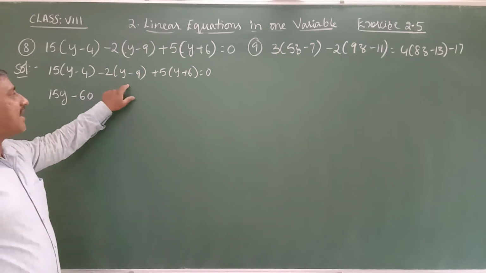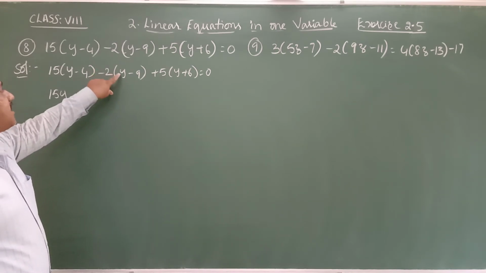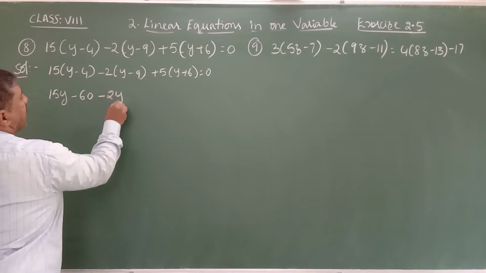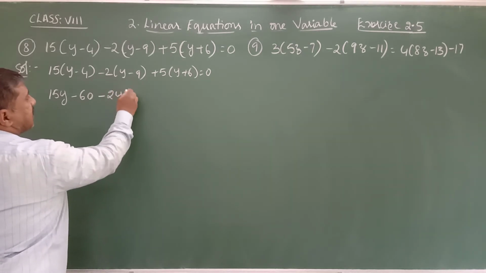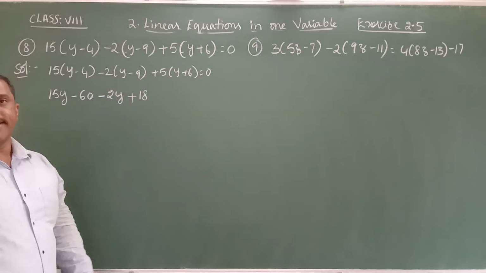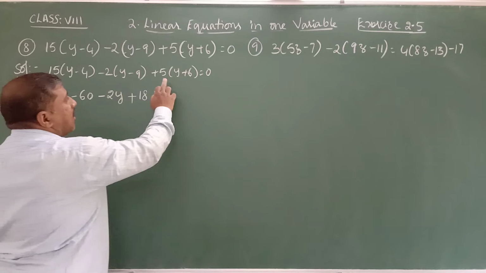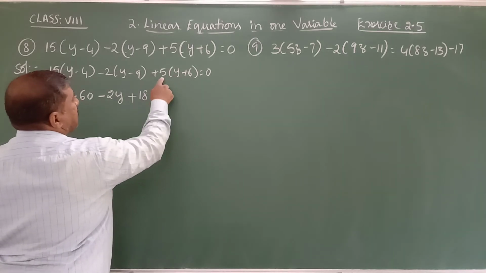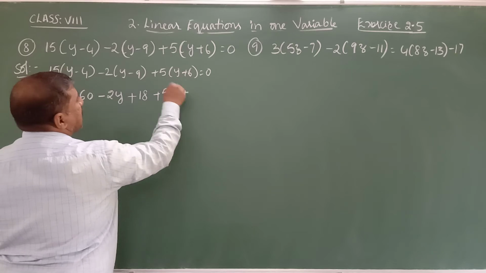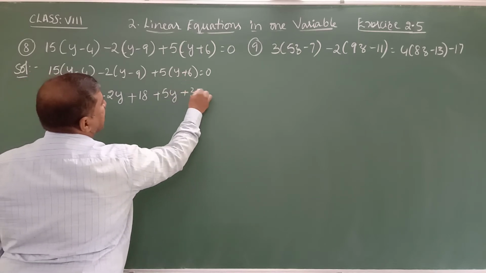Similarly the second factor, minus into plus is minus, 2 into y, 2y. Minus into minus is plus, 2 into 9, 2 nines are 18, then with plus 5, plus into plus is plus, 5 into y, 5y, plus 5 into 6, 5 sixes are 30.